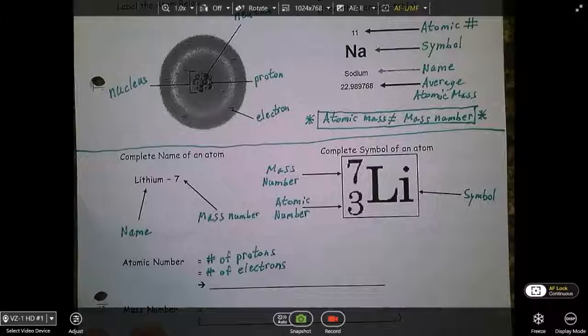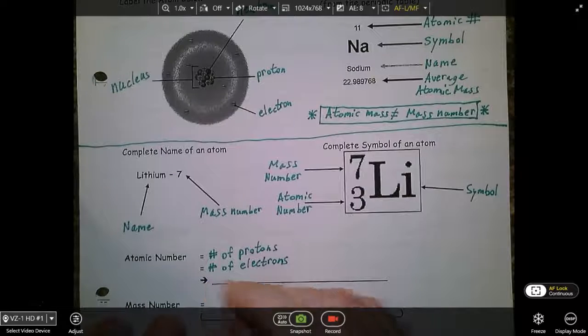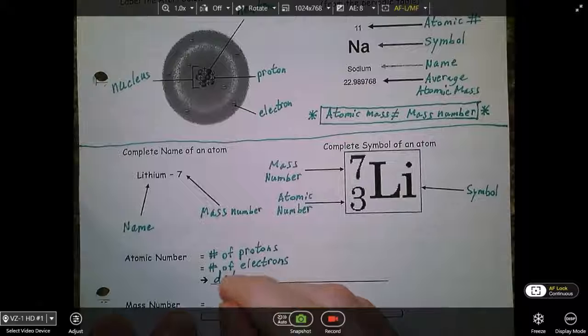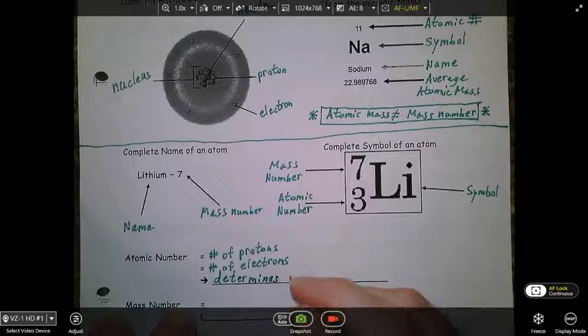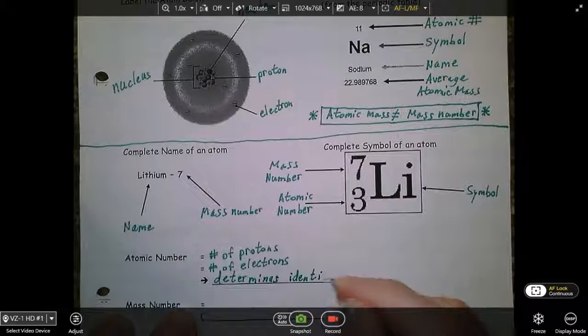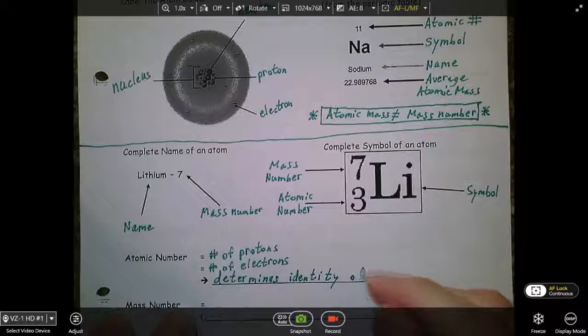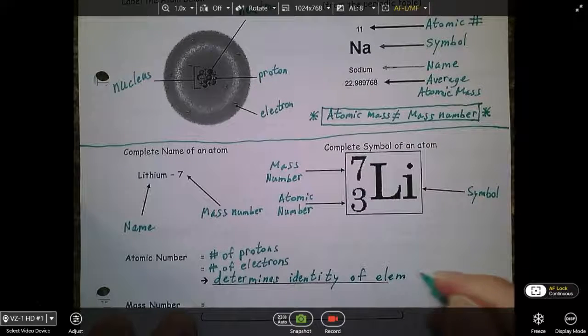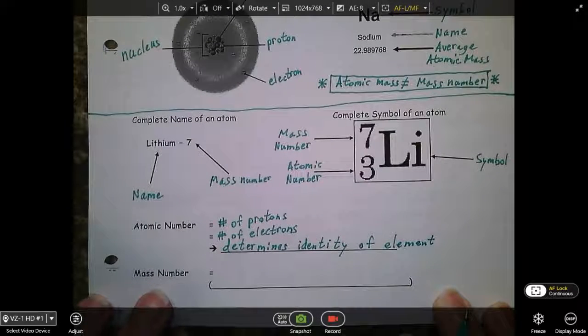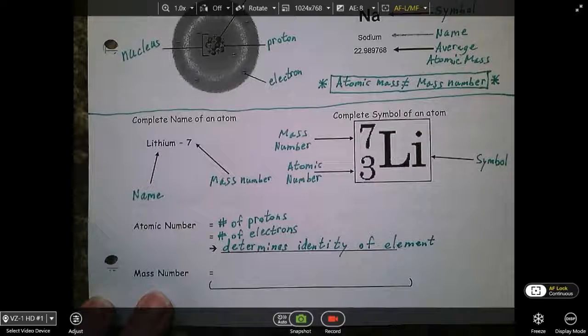Another thing that you need to know about it is that this is the way that we can tell what an element is. So in other words, the atomic number determines the identity of the element. So we find that you can have a different number of neutrons, but you can't have a different number of protons without it being a different element.